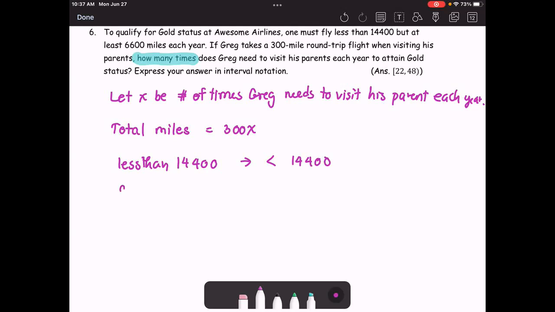Another key term, at least 6,600. That means it's going to be greater than or equal to 6,600. So the total mileage is going to be combined with these two numbers using the appropriate inequality symbols.